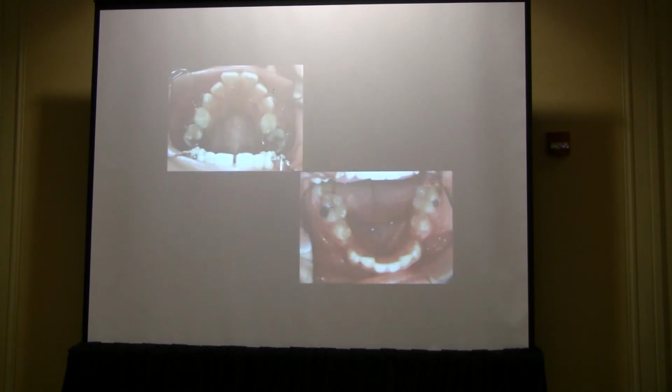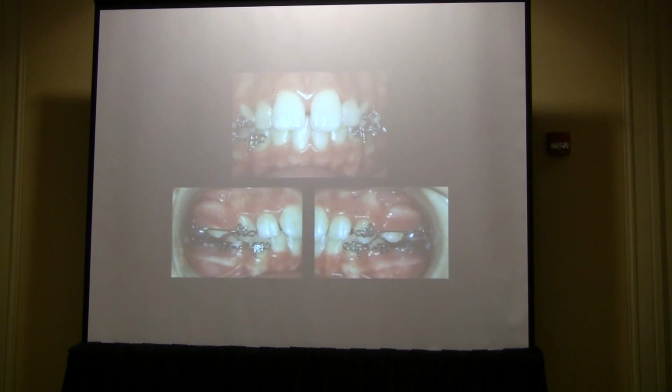Another patient with a lot of spaces, and I'm waiting for the second premolars. I have a lot of time, and the patient is growing, and in the lower arch the teeth are going forward.